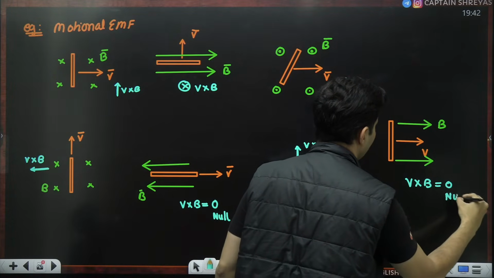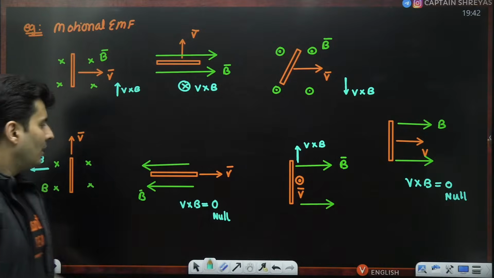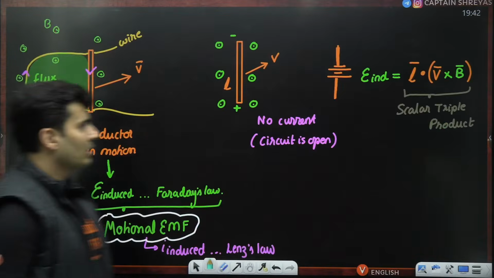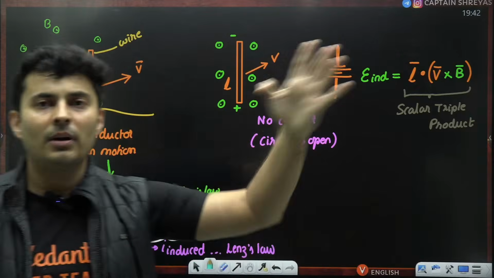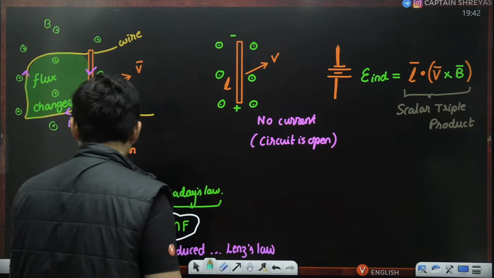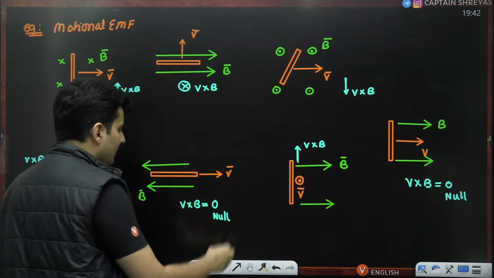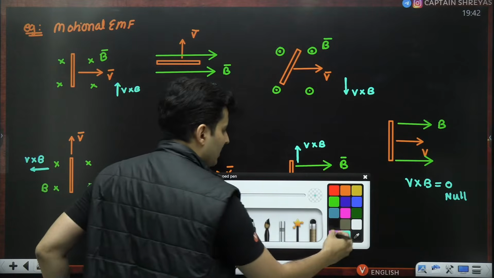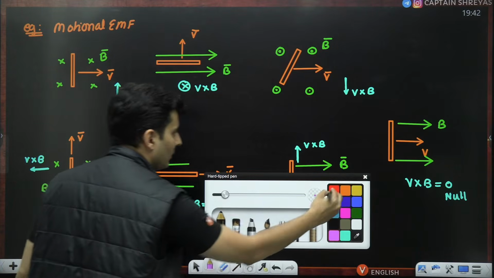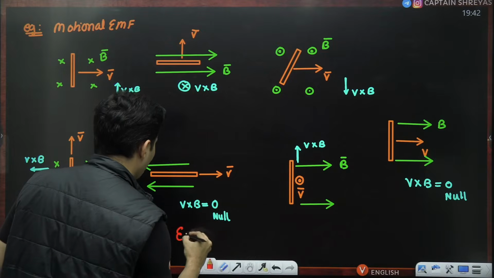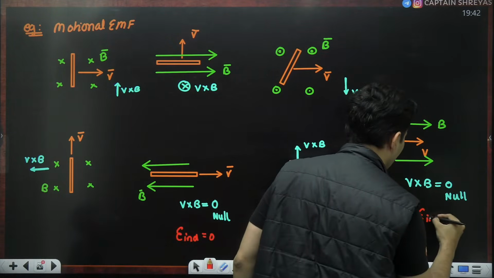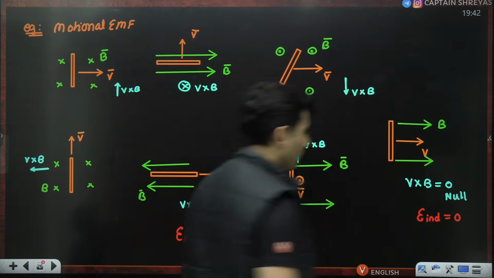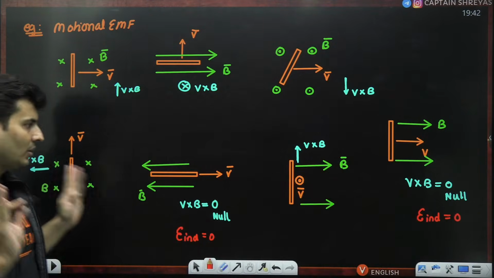It's basically a null vector. Now when V cross B is 0, 0 dot anything is 0. So doesn't matter. The answer for this, my dear warriors, is a big fat 0. So the EMF induced in this particular case is going to be 0. Is that part clear? Okay.